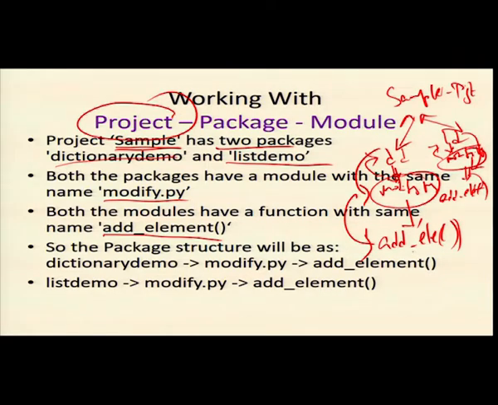For this add element, I am going to use a function called print, I am adding the elements in dictionary, whereas over here there is a change. I am going to print, adding the function in list. So, this is where the difference is.